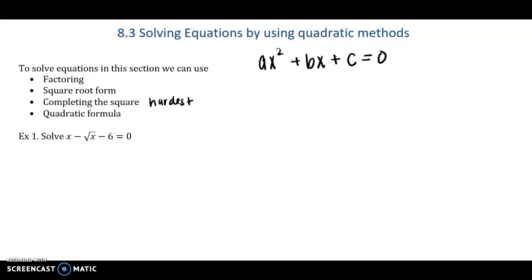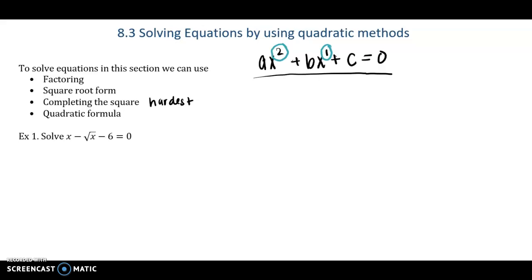Okay, so we're going to go ahead and start with example number 1. It says solve x minus the square root of x minus 6 equals 0. So remember, we're trying to manipulate it into this format. And one of the tricks here is if we take this exponent and we multiply it by 2, we're going to get 2.